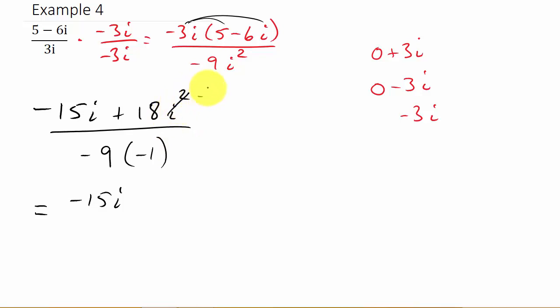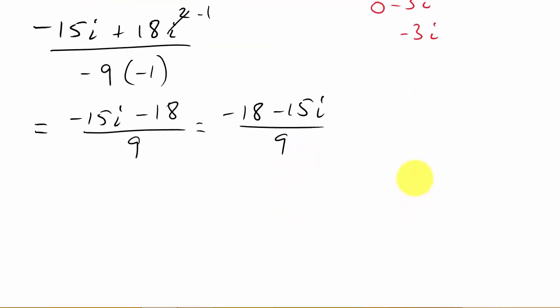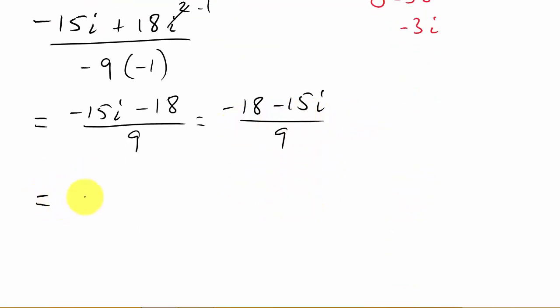Now remember, i squared is -1, a negative and a positive, so that's -18 over 9. And so let's just rewrite this with the -18 first. And then let's split them up.